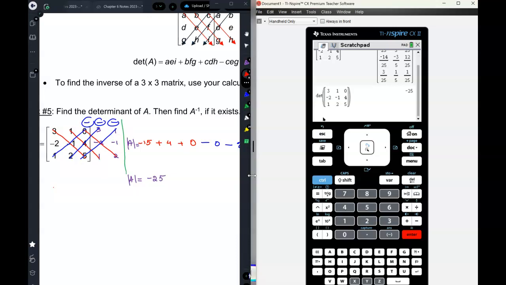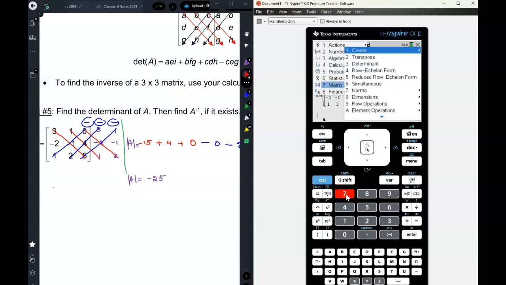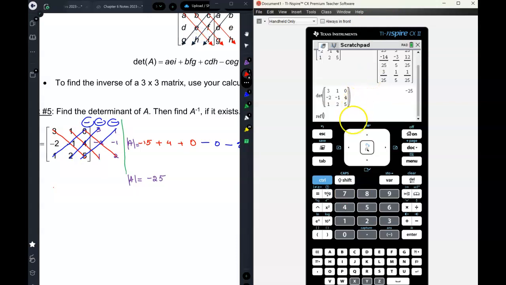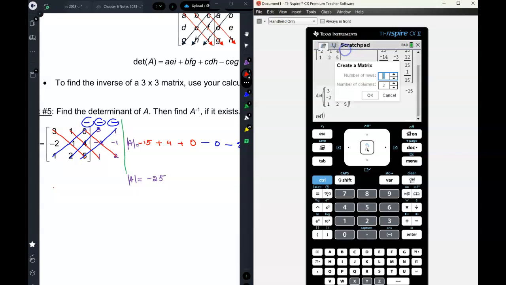So let me show you guys something else. Go to menu. Go to 7. Okay. Let's look at number 4, row echelon form. So now let's put a matrix in here. Menu, matrix and vector. I want to create a brand new 3 by 3 matrix.